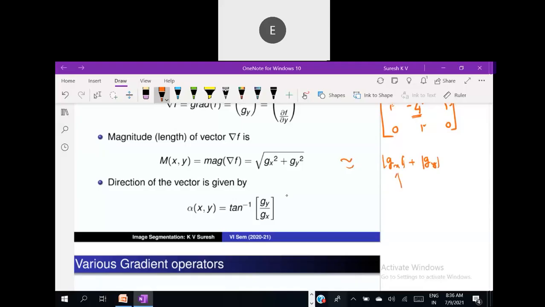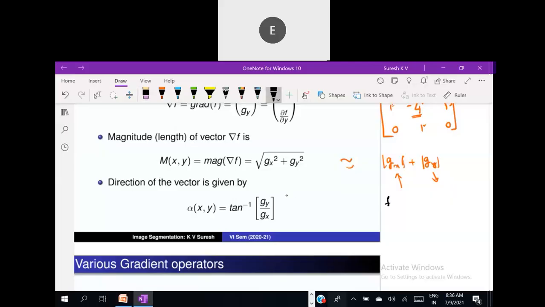Now what is this g of x? I just do this operation: f of x plus 1 minus f of x. Just find the difference between the two pixels. I need to consider the y operator also.